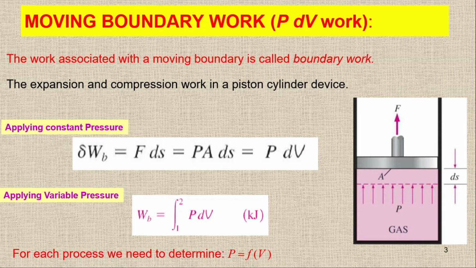For each process, we need to determine pressure as a function of volume, because if the pressure is not constant, then we cannot integrate until we replace P by a function which includes the volume, because we have the dV here.